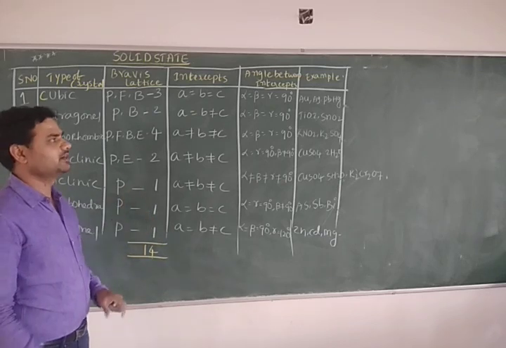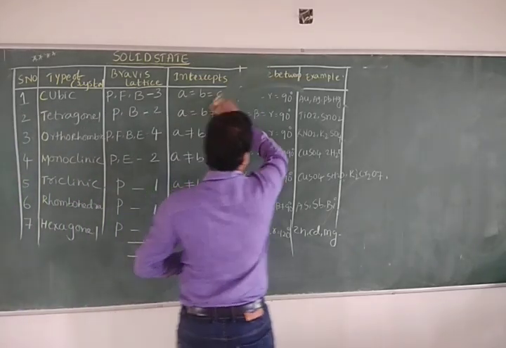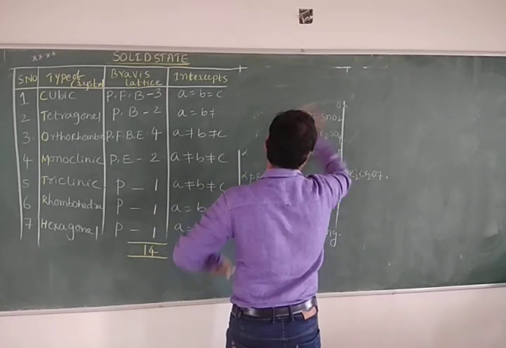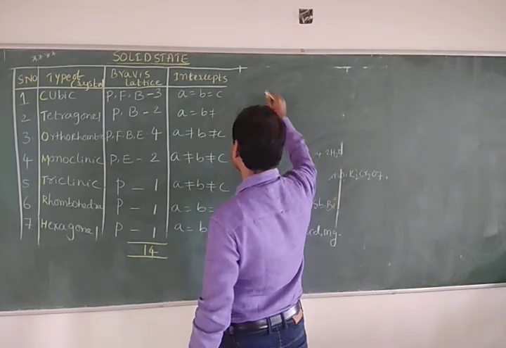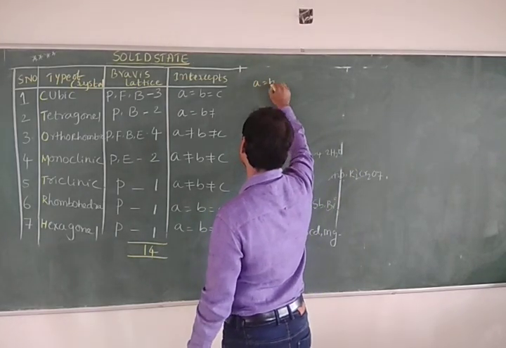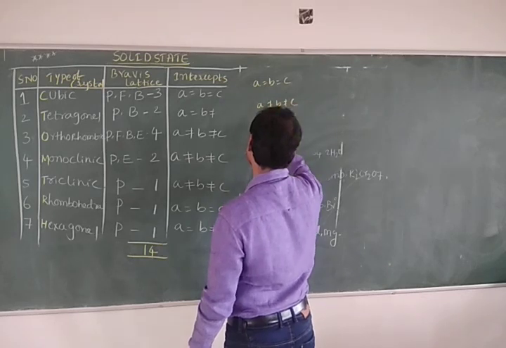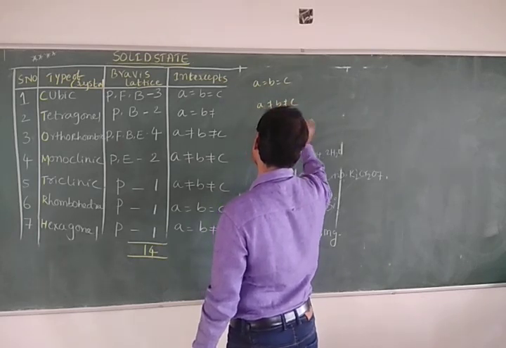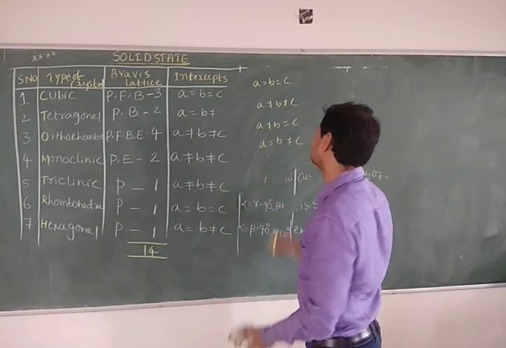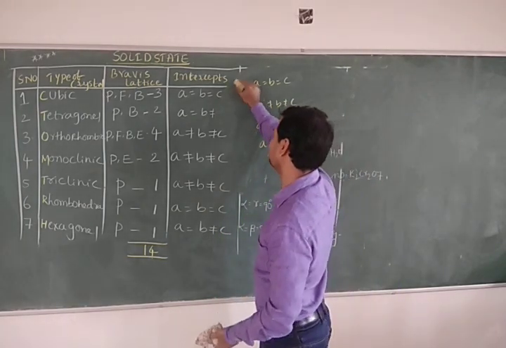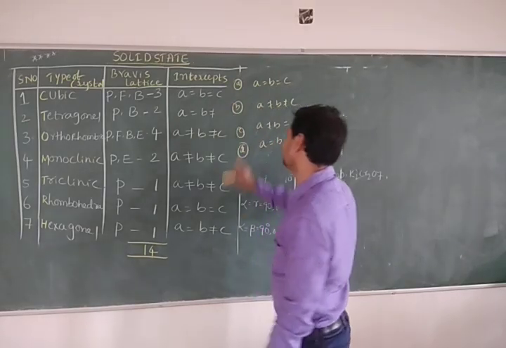So they may give the options like this: A is equal to B is equal to C, A not equal to B not equal to C, A not equal to B but is equal to C, A is equal to B which is not equal to C. So these are the 4 options given to you. Now the question is which is suitable for the cubic crystal.